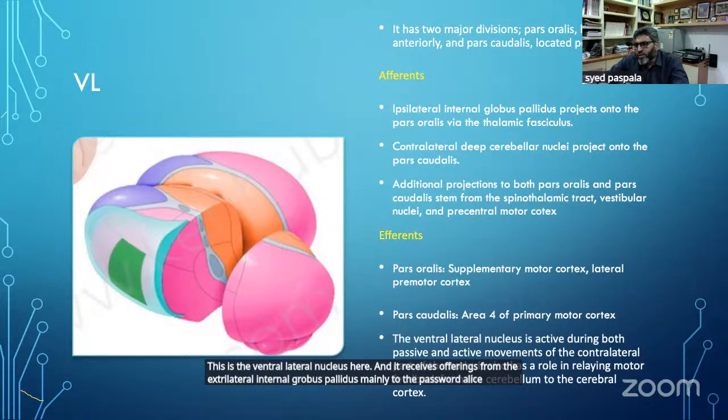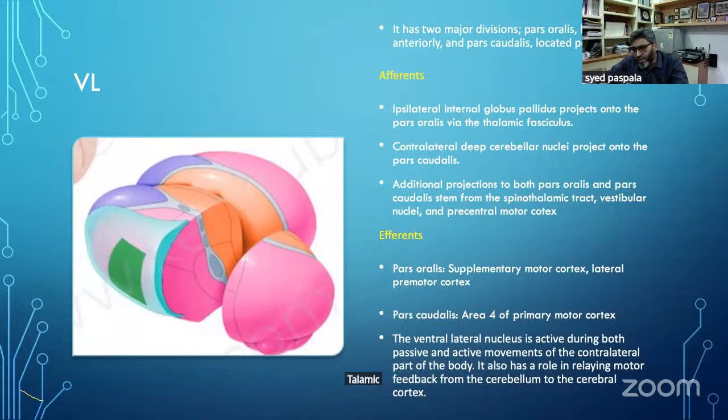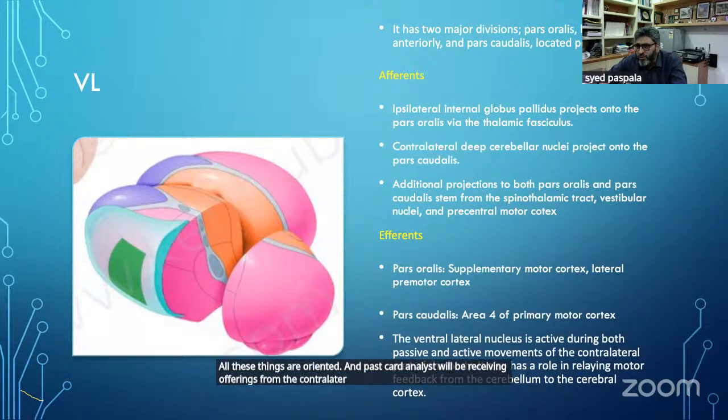These afferents pass through the thalamic fasciculus. I will be showing in a separate slide how this thalamic fasciculus and the ansa lenticularis are oriented. And pars caudalis will be receiving afferents from the contralateral deep cerebellar nuclei.